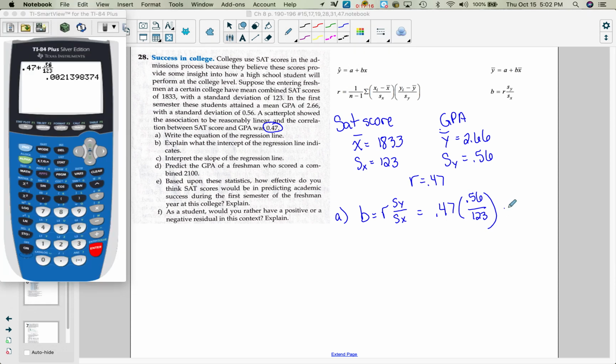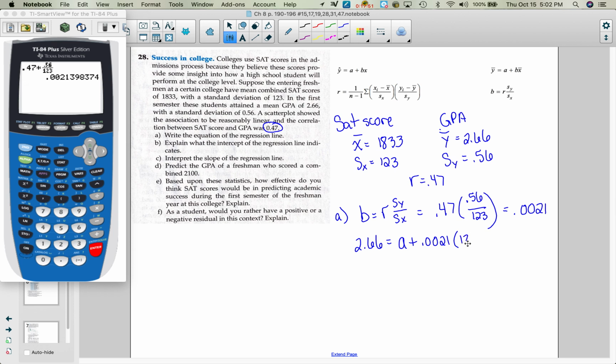So we get 0.0021. And for accuracy's sake, I'm going to leave it to 4 decimal places. All right, next, now we know B, and we know X bar and Y bar, so we need to solve for A. So we have 2.66 equals A plus 0.0021 times X bar, which is 1833.